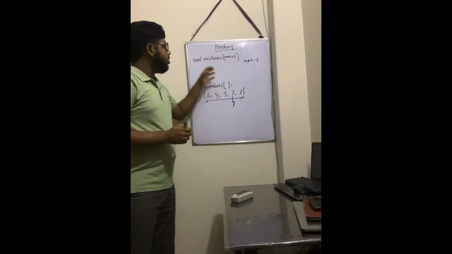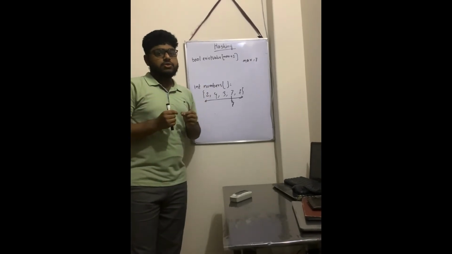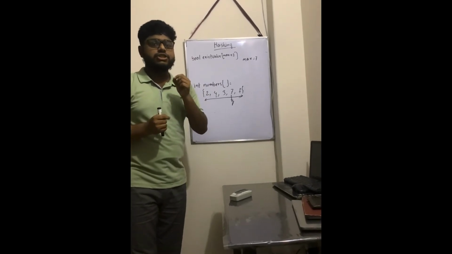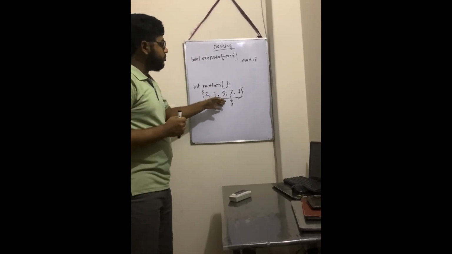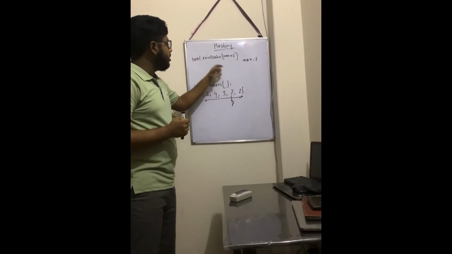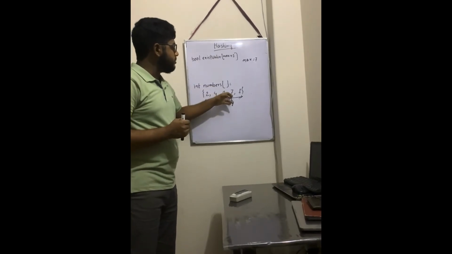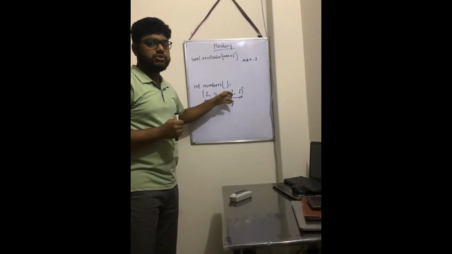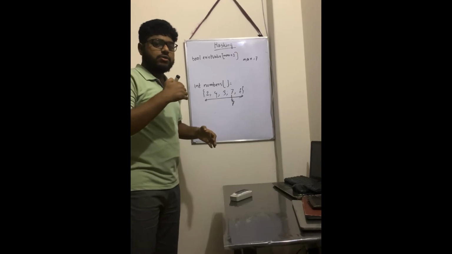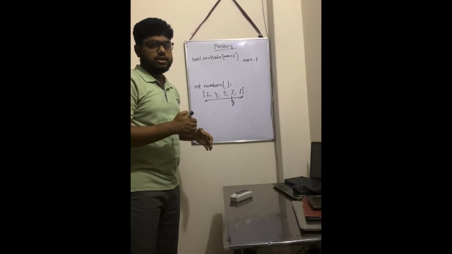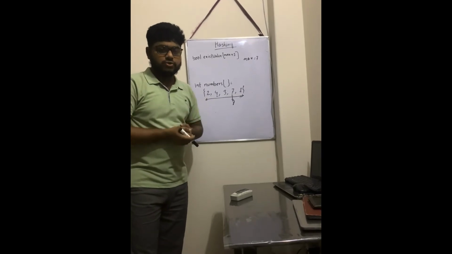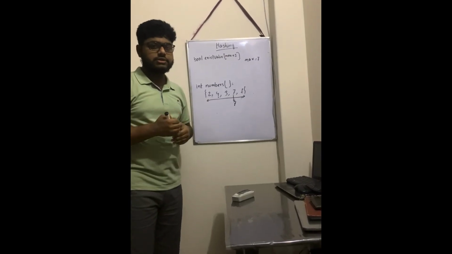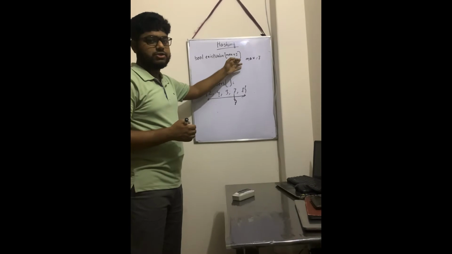Why do we initialize maximum plus 1? Because we know that an array always starts from index 0, right? As the maximum value is 7, we need to initialize up to 7 also, but as the index starts from 0, we increase the size to maximum plus 1.